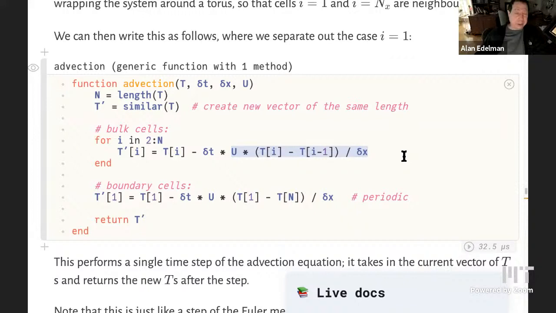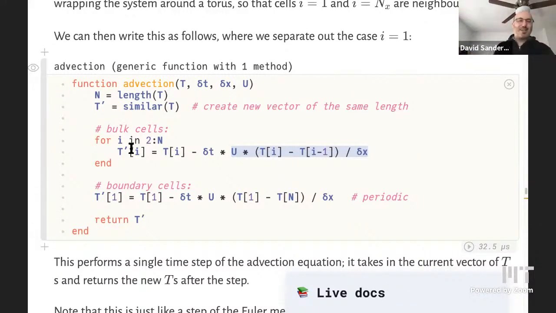Let me point out that t prime here is not the derivative, but it's just the t as a time step.